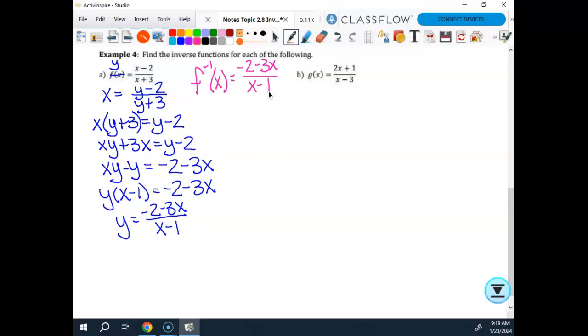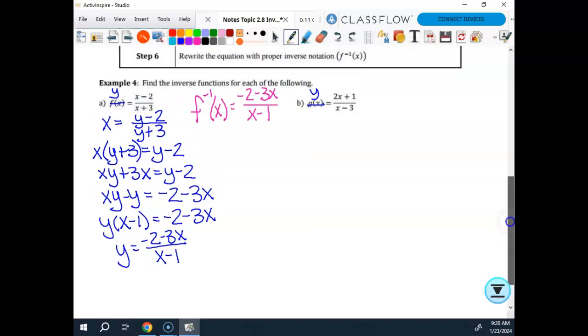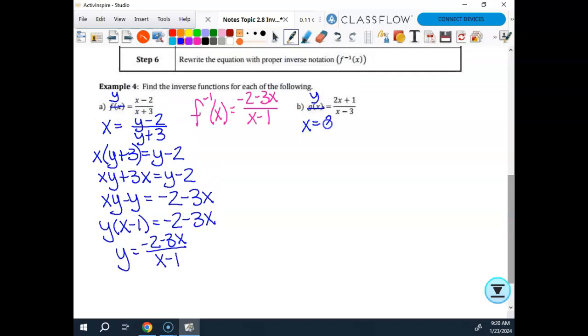Beautiful. Then you do B. Let me give you a minute to work through B on your own. I'll take attendance here. Talk to your neighbors when you're done. Check your answers with each other.